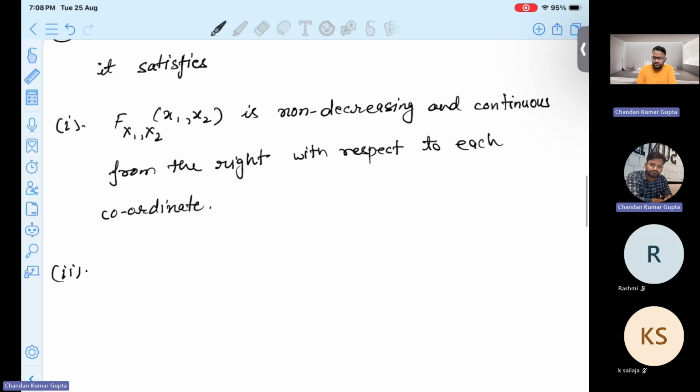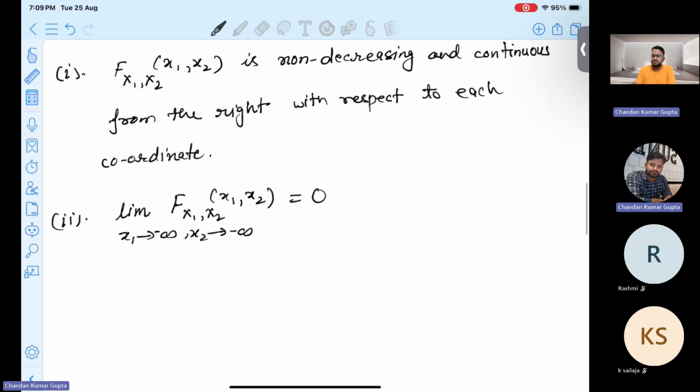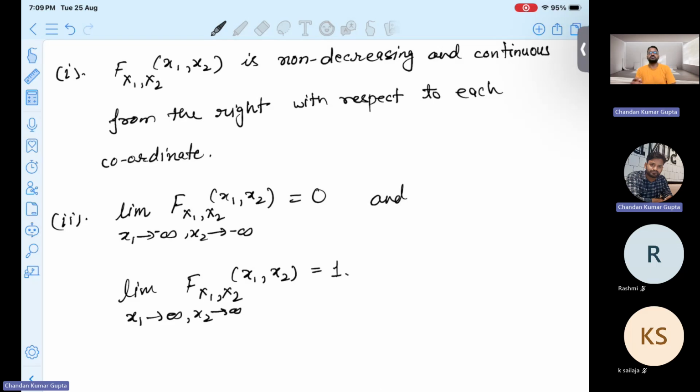Also, as we know, if we take the limit as x1 tends to minus infinity and x2 tends to minus infinity, this value comes out to be 0, and the limit as x1 tends to plus infinity and x2 tends to plus infinity comes out to be 1, because this CDF is bounded within 0 to 1, including both.